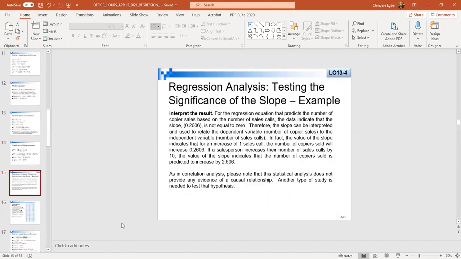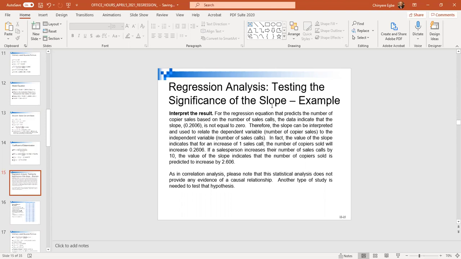So again, the other problem that we tried to solve was to ask ourselves whether the estimate that we made is meaningful: do sales calls significantly affect sales?